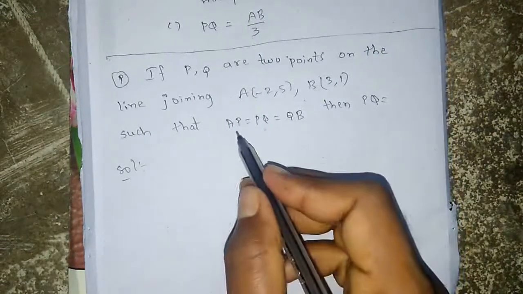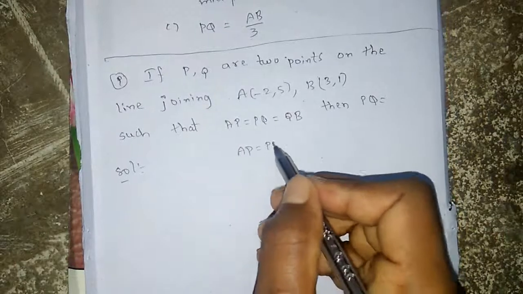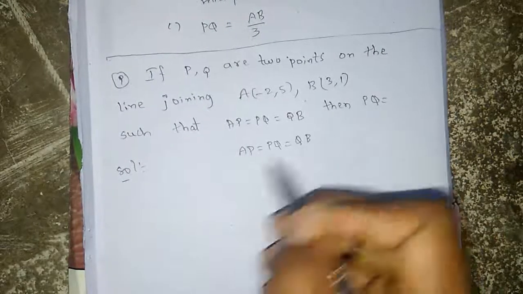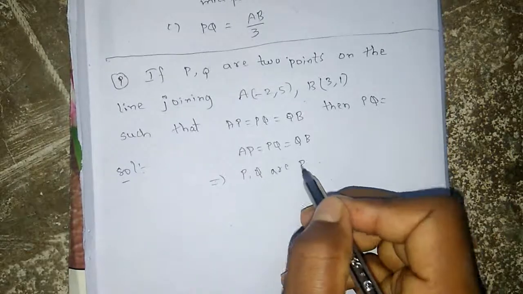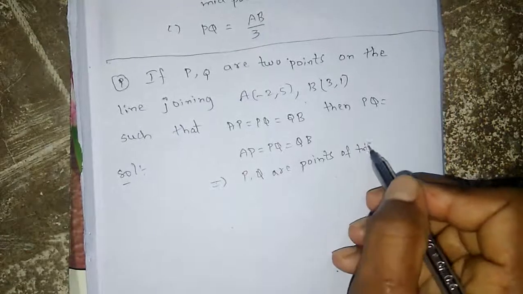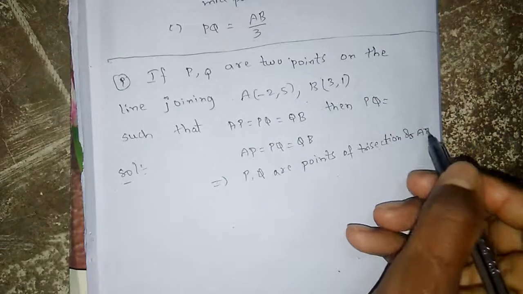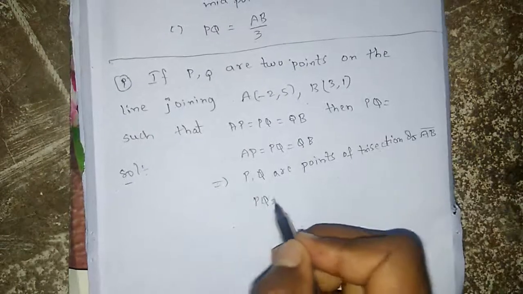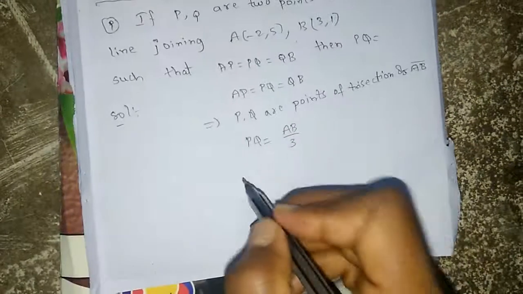So here given that AP is equal to PQ is equal to QB implies P, Q are points of trisection of line segment AB, and PQ is equal to AB by 3. So find AB distance.